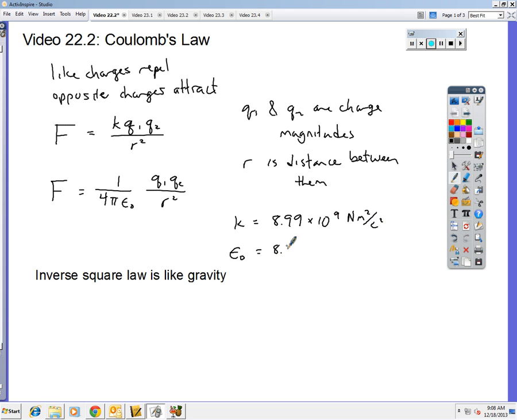Epsilon 0 is 8.85 times 10 to the minus 12 coulomb squared per newton meters squared. Epsilon 0 is sometimes called the vacuum permittivity. We'll see where that 1 over 4 pi epsilon 0 comes from and why it's sometimes more convenient than just writing k later.